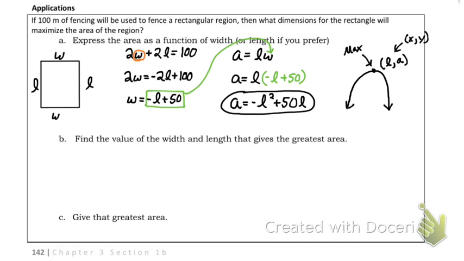Okay, let's look at that. How do I find the input of a vertex? What equation do we have that helps us find the input of our vertex? Negative B over 2A. Negative B over 2A will get us that L value. So just a reminder, our vertex right now is that point L, comma, A. And just like Emily said, to get this value is just negative B over 2A.